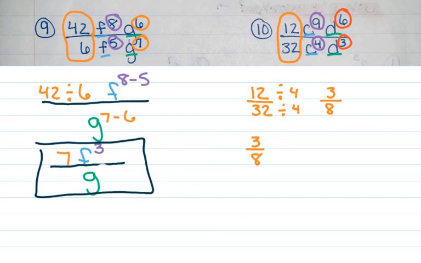Then I have c, 9 minus 4. And then I have d, 6 minus 3.